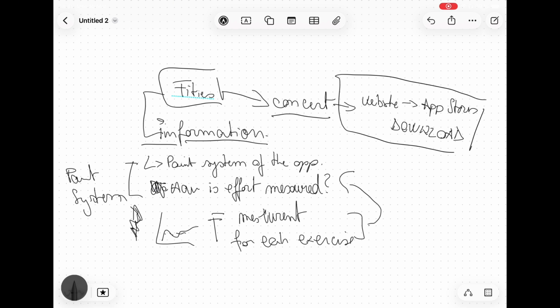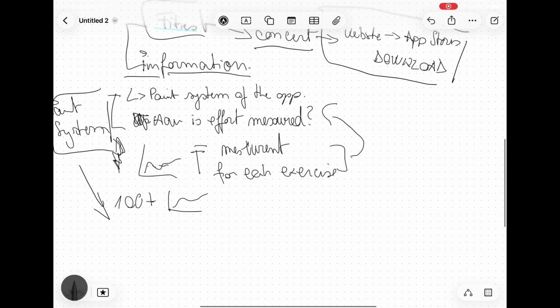CrossFit has, I would say, more than 100 different exercises, which the app will actually be covering. There are going to be different types of graphs represented, but the main one is just going to be the line graph here. So I'm going to have to talk about the point system and about measuring the exercises.